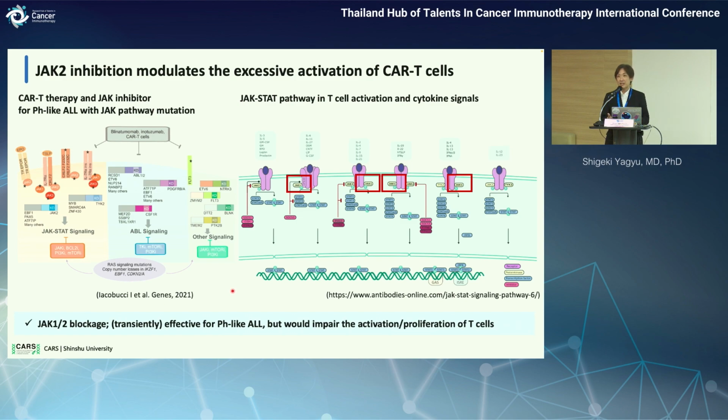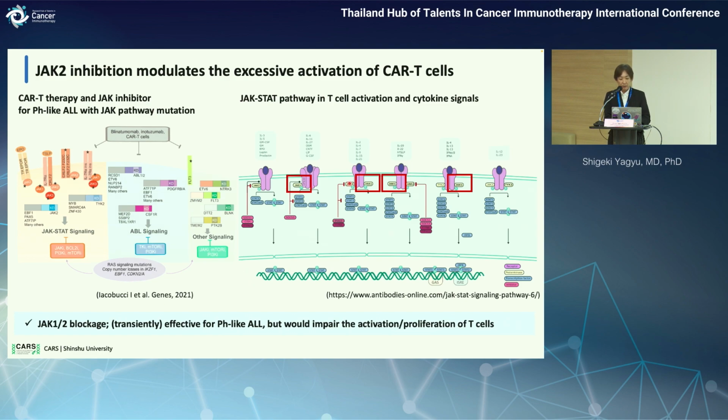Because these PH-like leukemia cells frequently acquire JAK2 mutations, and clinically available JAK1/2 inhibitor ruxolitinib can be effective and has been tested in the clinical setting, we thought that the combination of JAK pathway inhibitor with CD19 CAR T-cell therapy would have some additive effect.